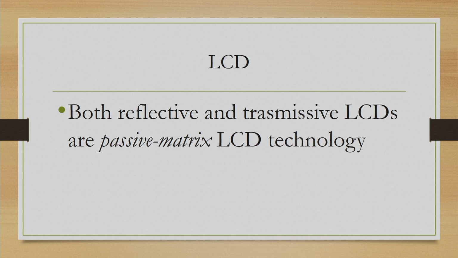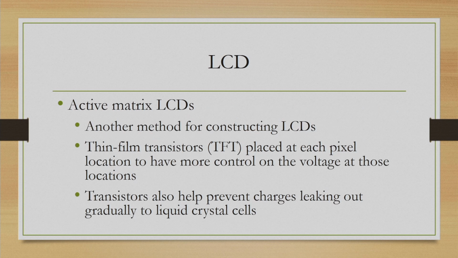Another thing to note here is that these both reflective and transmissive LCDs are also known as passive matrix LCD technology. In contrast, we also have active matrix LCD technology, which is another method of constructing LCDs. In this case, thin film transistors or TFTs are placed at each pixel location to have more control on the voltage at those locations.